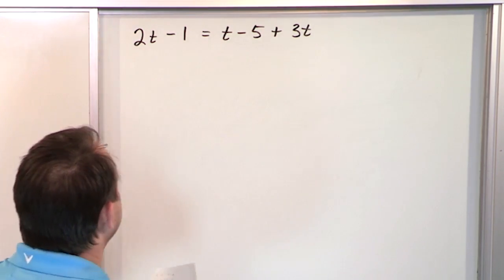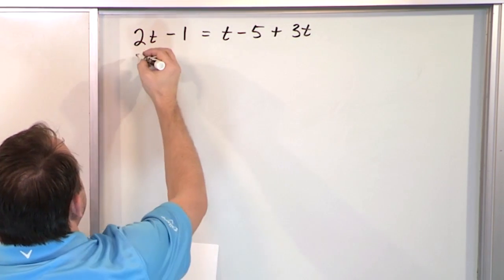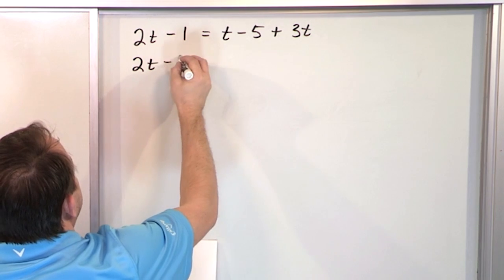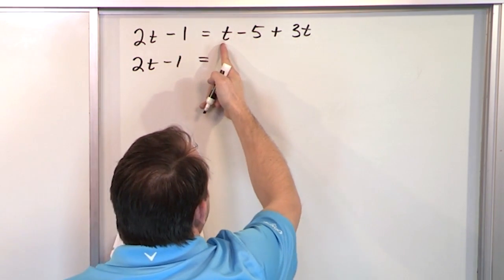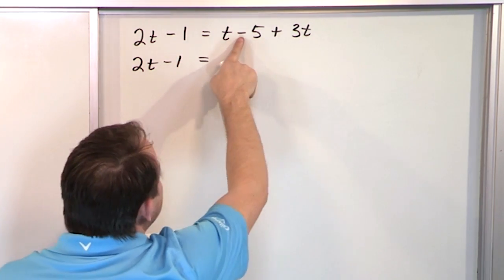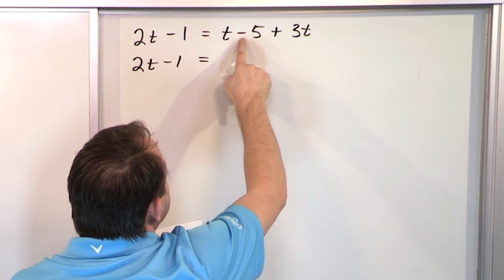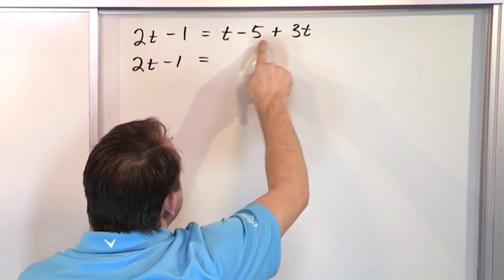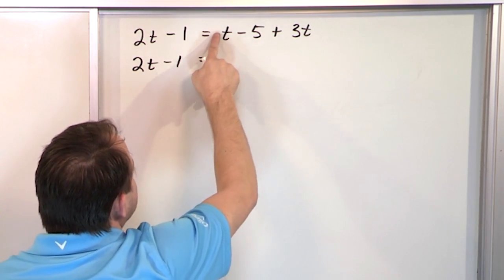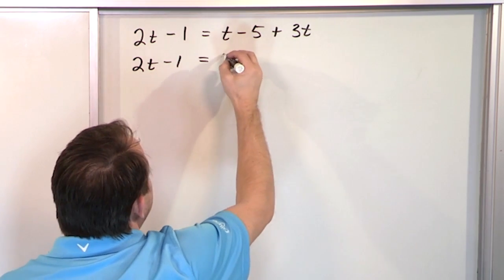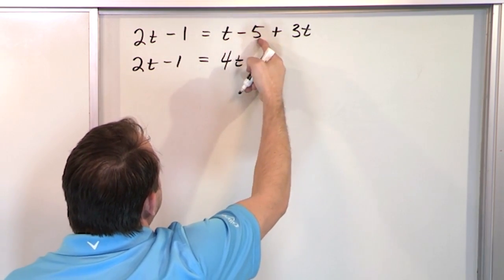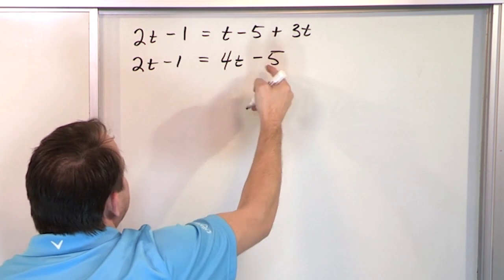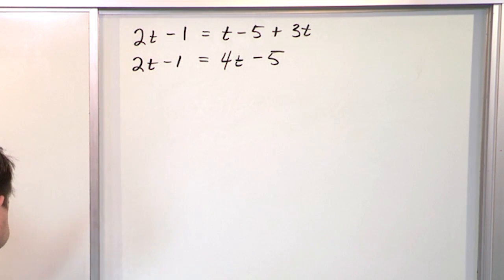But it's the same thing. We want to collect the t's first. So on the left, let's not do anything yet. On the right, we have a t, and then we have a 3t. Don't let this negative sign fool you. This negative sign is associated with the 5. That has nothing to do with this. This is a positive t. This is a positive 3t. So when you add them, you get 4t. The minus 5 is still there, so we carry it as a minus 5 like this.